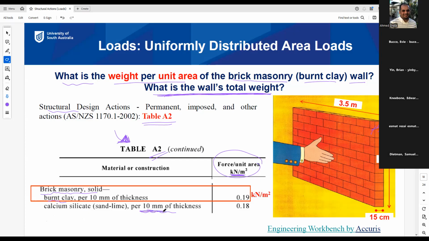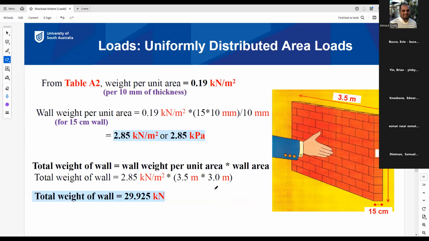Sorry, not this one, it is this one here. So what is the value? 0.19. From the table, the weight per unit area is 0.19 kilonewton per square meter. But just to make note, this is only for 10 millimeter of thickness.